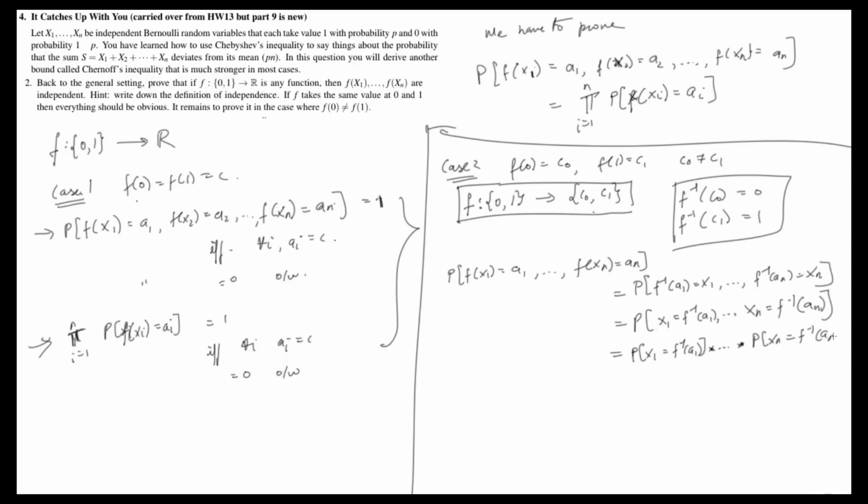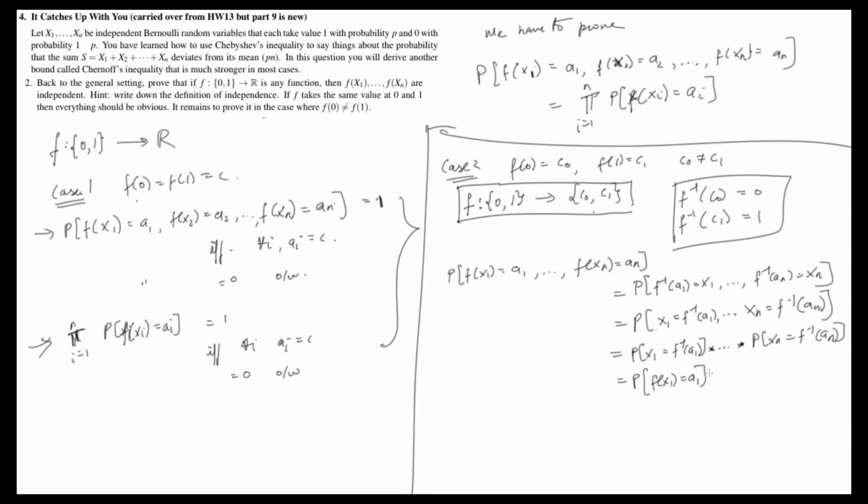Right? So now, since we knew that these two events are equivalent, as in f of x1 is equal to a1 is equivalent to f inverse of a1 is equal to x1, let's just do that backwards again. So probability of x1 is equal to f inverse of a1 is equal to, again, probability of f of x1 is equal to a1.